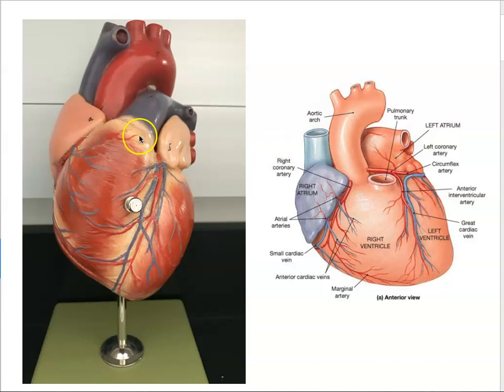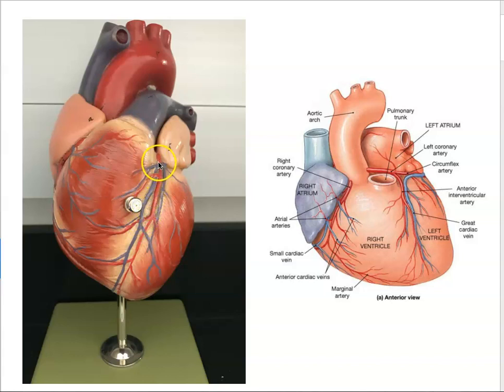So let's see if we can find the left coronary artery and its two branches on our model. Left coronary artery, cannot see it. It is behind the pulmonary trunk. But what you can see is this branch of the left coronary artery.